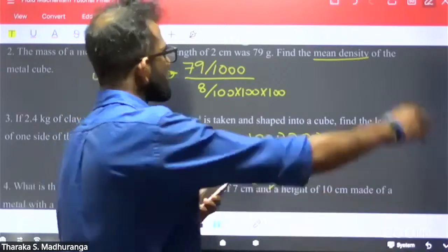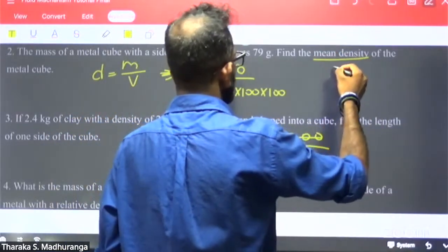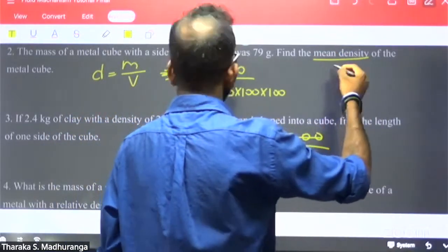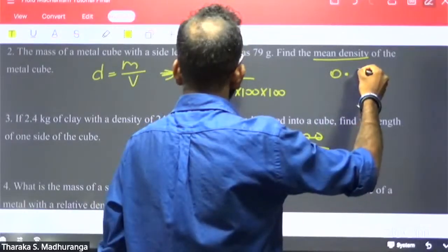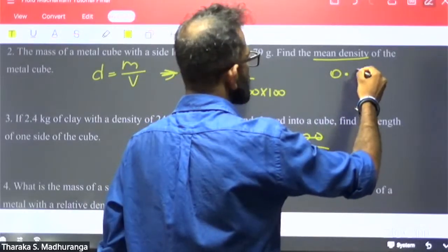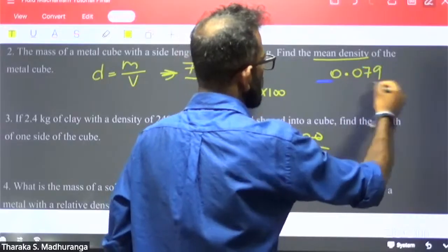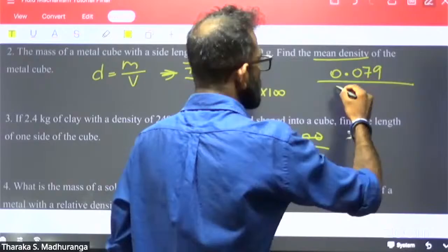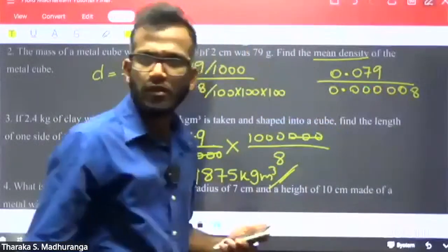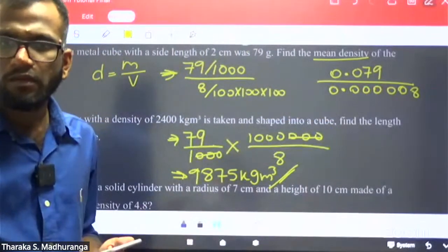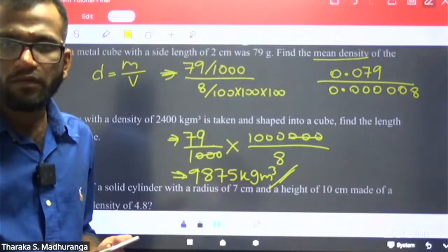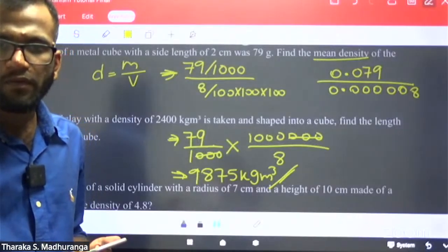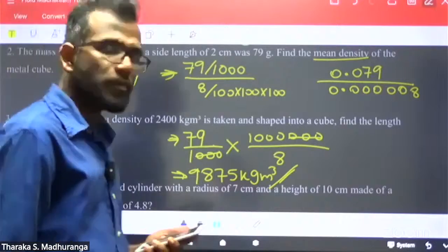Yes, it is the same. 79 over 1000 means 0.079 over... 0.000008. Yes, the same answer comes.